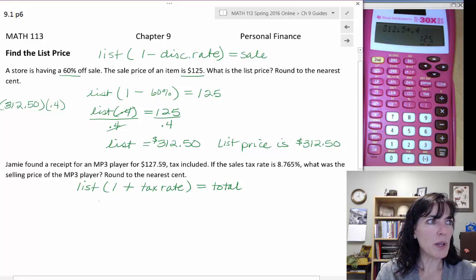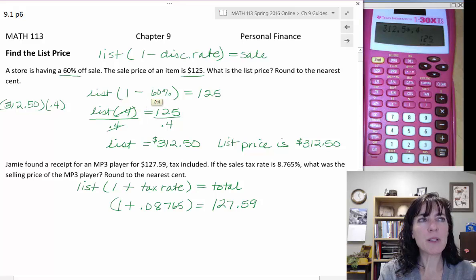We know the total, that was 127.59, and we know the tax rate, so that's 1 plus, I can write it as 0.08765, or remember I can do as I did up on this problem and write it as a percent, or I could put this in as 8.765% into my calculator, but I want to model the other way of doing it.